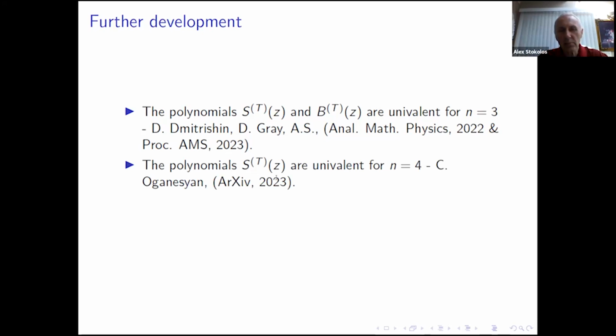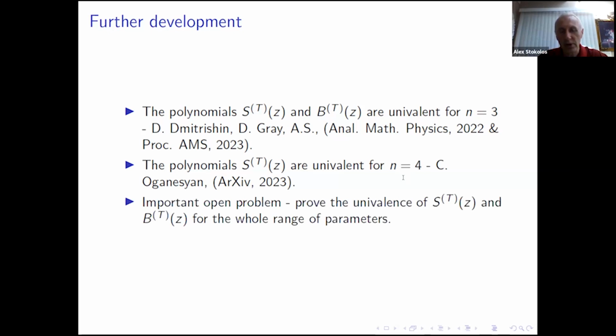And a young prodigy, Christina Ganesian, who is currently in Barcelona, recently posted on arXiv, like a month ago, maybe less, a paper in which she proved the univalence of the Suffridge polynomial for n equals 4, which I'm really very happy to see. And you see, it's important now.